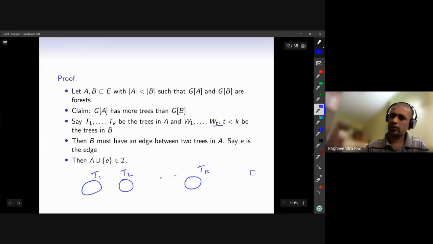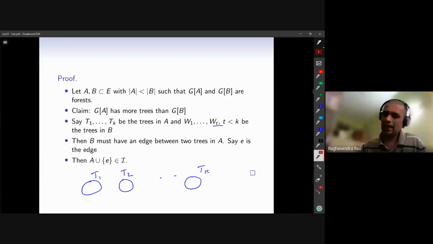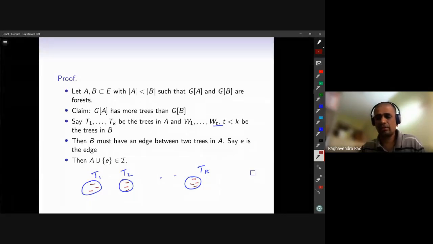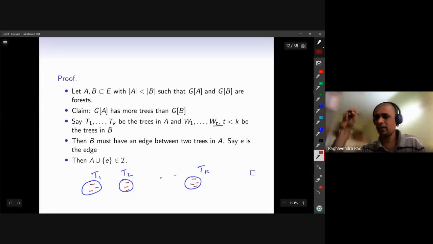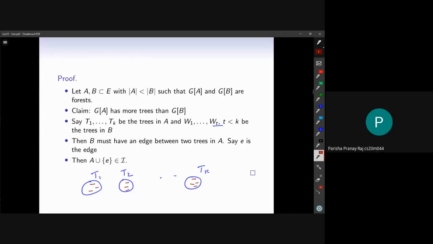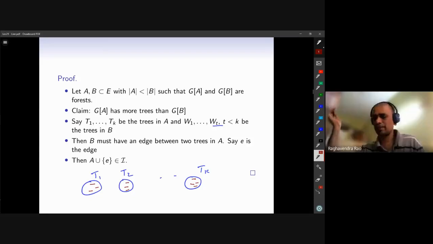My possibilities are add within Ti or across. If I keep on adding within Ti, I'm going to have at least K connected components. But the statement is I will have at least one component less, right? Then we have to add between the components. Exactly, it's basically a pigeonhole principle kind of argument. This is probably the best way to imagine it.